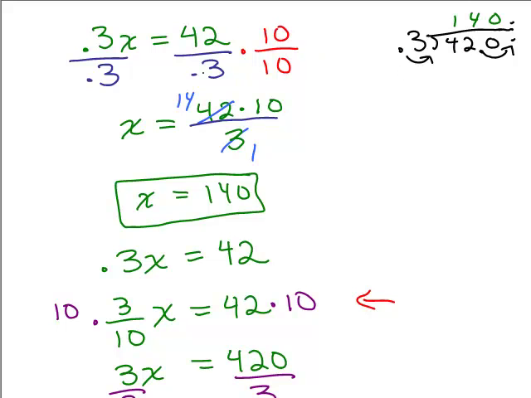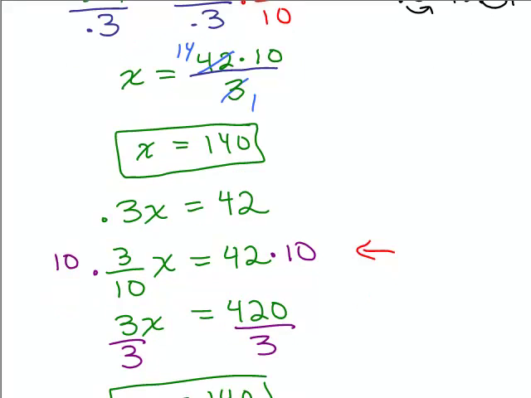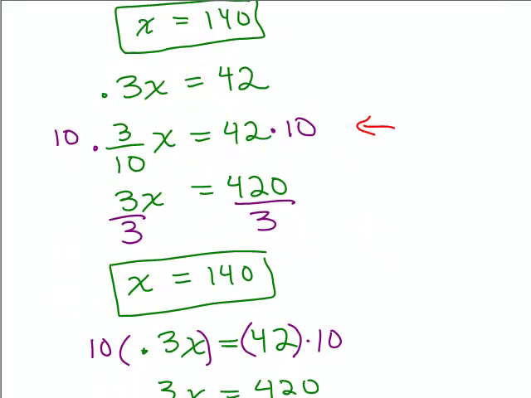Or you can get out a calculator and do 42 divided by 0.3. Second method. You have 0.3x equals 42. You're just going to write that as 3/10 so that you could get rid of the fraction by multiplying both sides by the least common denominator, eliminating fractions and decimals completely, and then solving the equation.